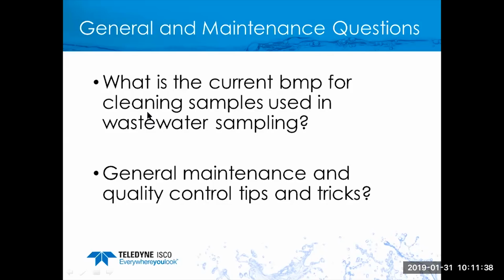That material could be of a biological nature, and if you're doing BOD sampling where you're monitoring for the biological oxygen demand, that material can accelerate and increase the amount of biological degradation taking place.